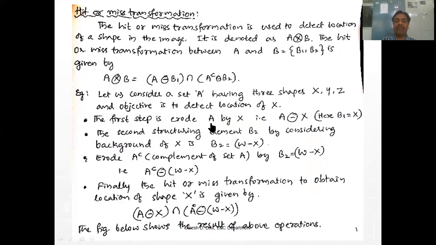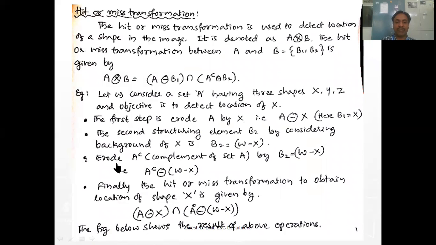The first step is to erode A by X. In the equation, B1 is equal to X, so in place of B1 we use the shape X. The second structuring element is B2, which indicates the background of the shape X.